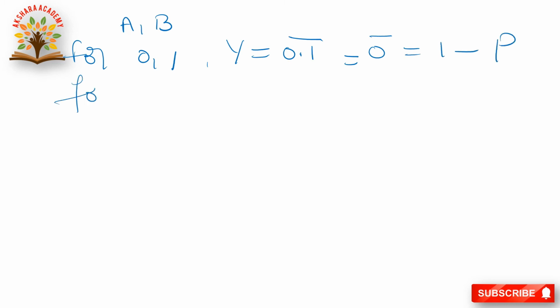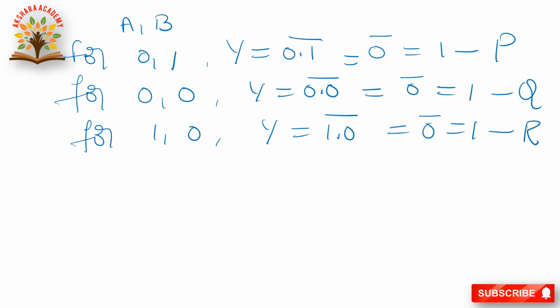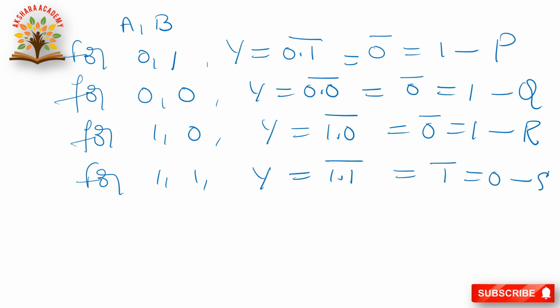Next, for A is equal to 0, B is equal to 0, Y is equal to (0 dot 0) bar, that is equal to 0 bar, that is equal to 1, this is for Q. And for A is equal to 1, B is equal to 0, then Y is equal to (1 dot 0) bar, that is equal to 0 bar, that is equal to 1, for this R. And next, for A is equal to 1, B is equal to 1, then Y is equal to (1 dot 1) bar, that is equal to 1 bar, that is equal to 0, this is for S. So the correct option is 1, 1, 1, 0.